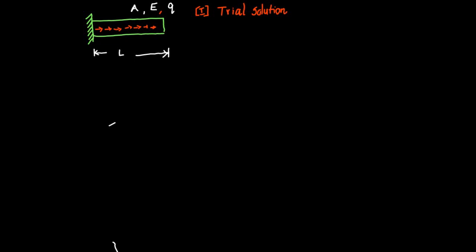The trial solution is u of x is equal to a0 plus a1x plus a2x square. Now you may ask why do you stop at a2x square and why not go for a3x cube? Or why are you not assuming a linear trial solution?